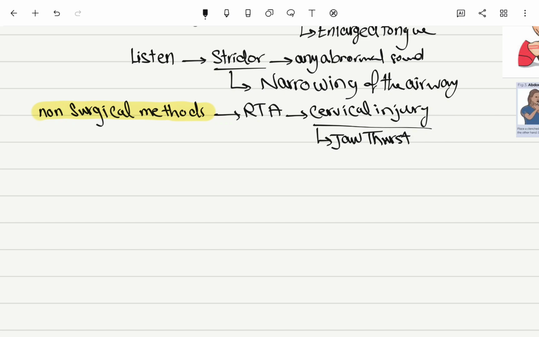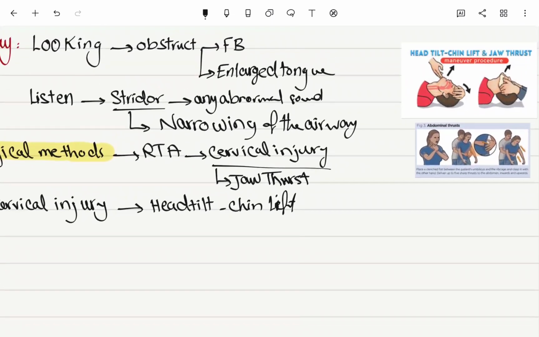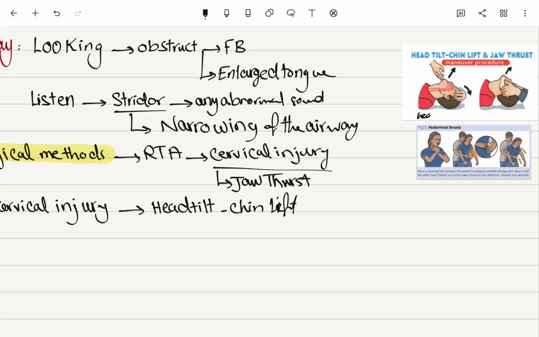If there is no cervical injury, I will use head tilt, chin lift. Okay, let's see a picture. This is head tilt, chin lift, and this is jaw thrust. This is jaw thrust, and this is head tilt and chin lift.